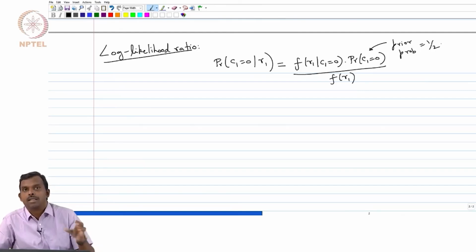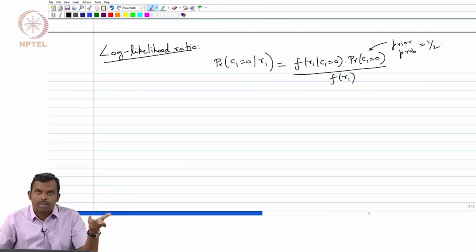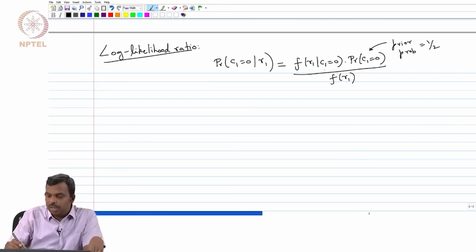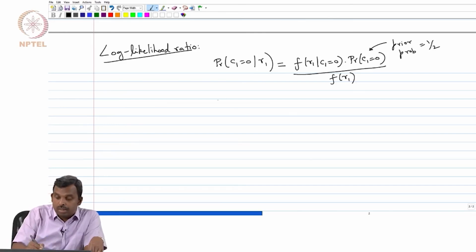Why is that? C1 is the message itself. It could be 0 or 1 with uniform probability. You can write down the density given C1 is 0 and the total density, and find this out. But usually people use something else here.